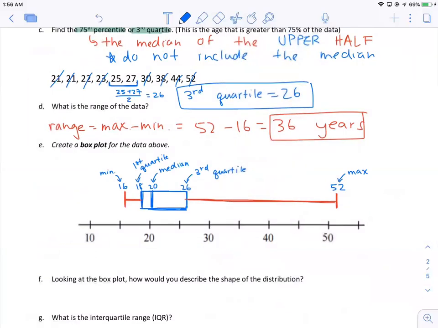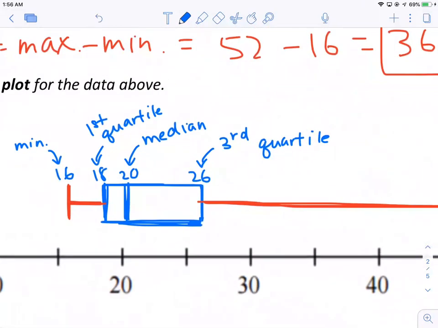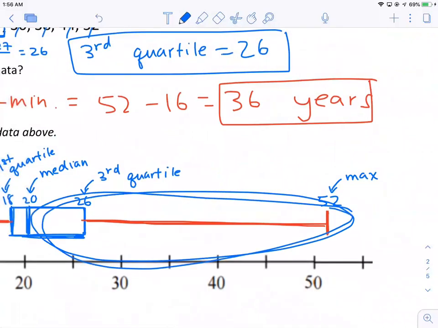So a box plot's just a really quick way to get a visual without needing to plot all of the points. So looking at the box plot, how would you describe the shape of the distribution? Well, do you see how it's really spread out over here?